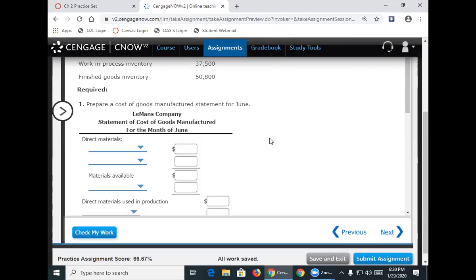We don't know materials yet, but we do know labor was $143,000. And overhead $375,800. And then ending was $37,500. Finished goods, we had a beginning of 55,600 and an ending of 50,800. Okay. So there we've set up all of our T accounts with what they gave us.